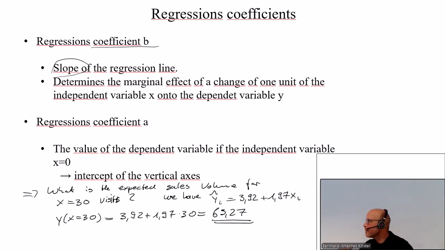And then you say, well, out of my historical data, I now have the expectation that if I hire a new person, increasing with this hiring the visits, this will increase my sales volume to 33.72 euros.